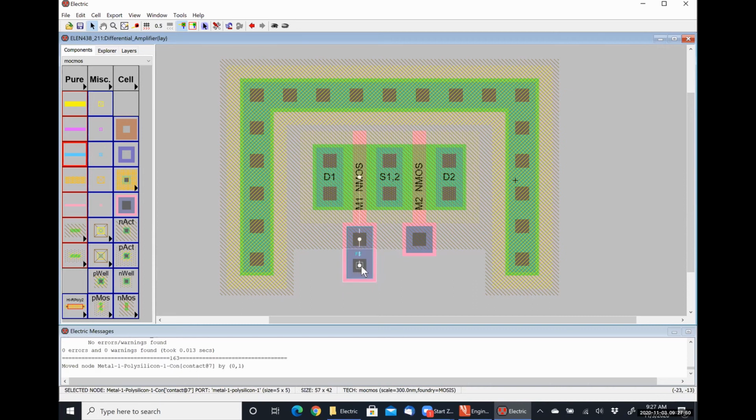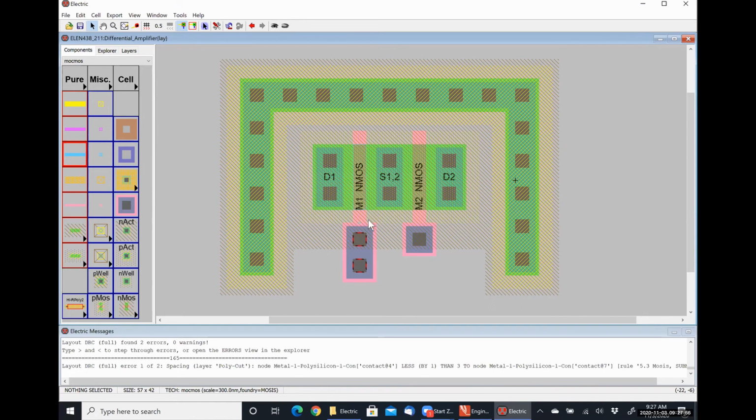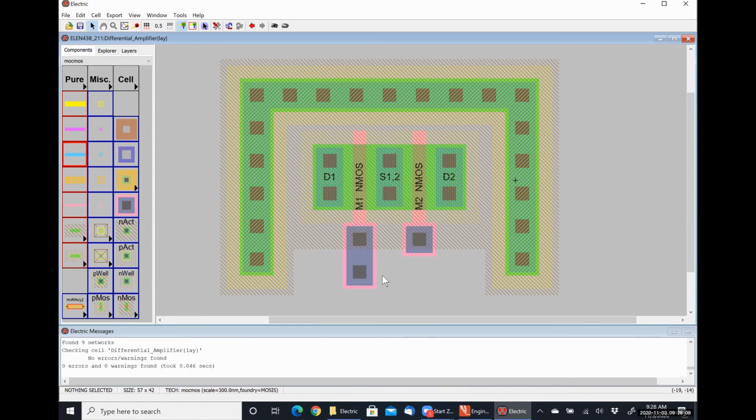My goal here. Let's see what error am I getting. My contacts are too close together. Still too close. Oh wait, I never hit F5. Okay.